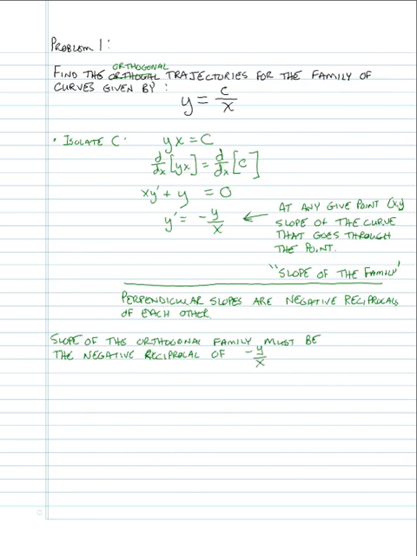Well, that negative reciprocal then is actually positive x over y. X over y is the reciprocal, and of course the opposite of, so y prime equals x over y is the slope of the orthogonal family.